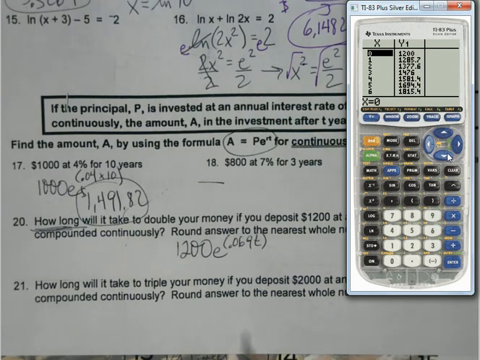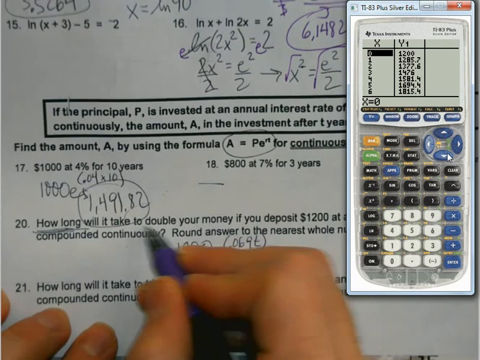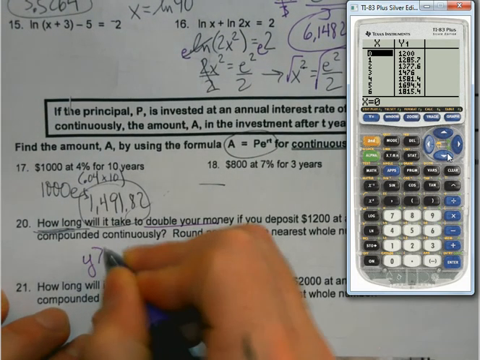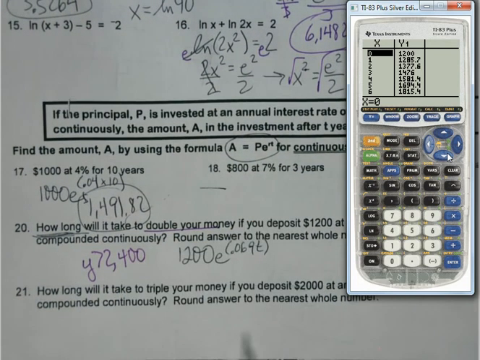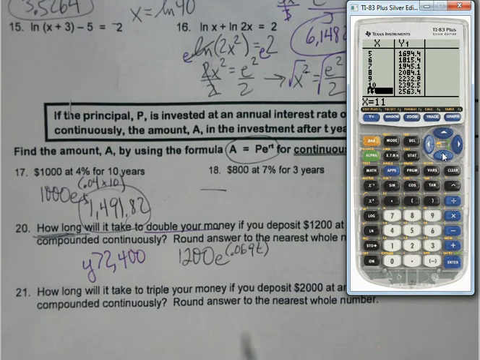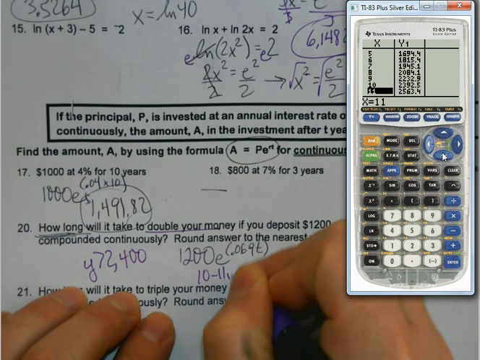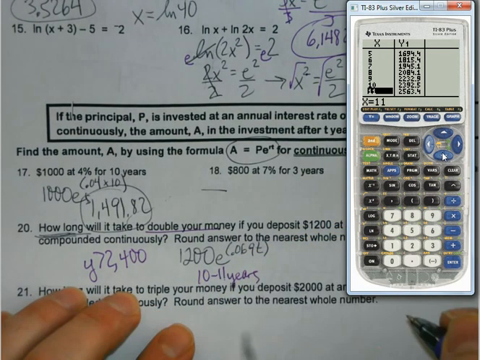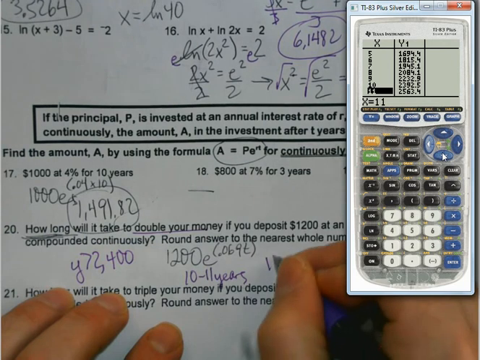If I'm waiting to see how long it takes my money to double, I'm looking to see when y is greater than $2,400, because that's double my money. So I just roll down here, and it looks like it's going to take, I don't mind if you put 10 to 11 years, but since I said round to the whole number, I have to say 11.